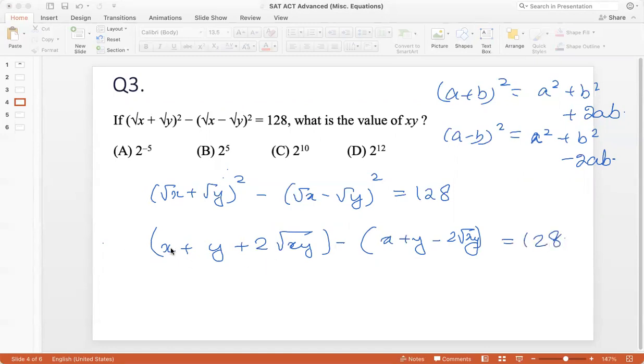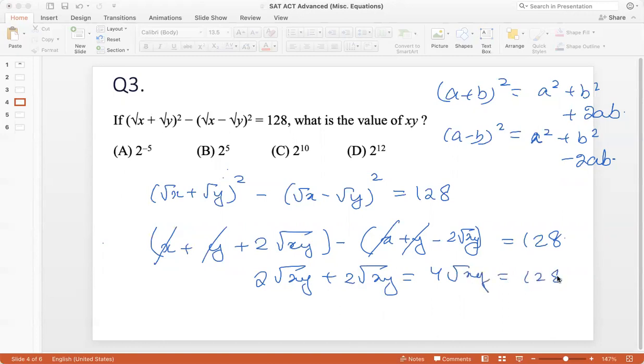Now, when I open the bracket, x and minus x will go, y and minus y will go, and 2 root xy will get added to another 2 root xy to give us 4 root xy, and that is 128. So root xy is 128 by 4, which is 32.